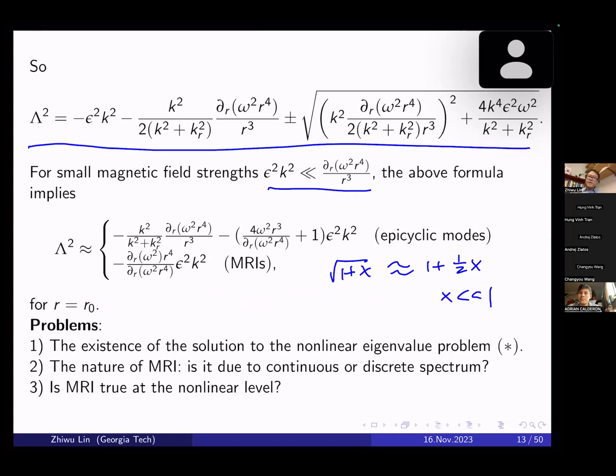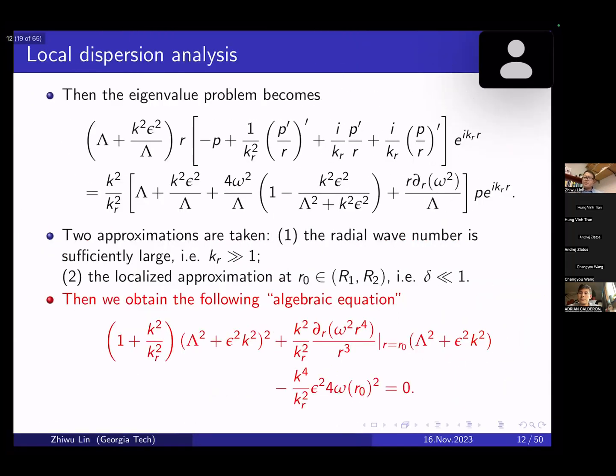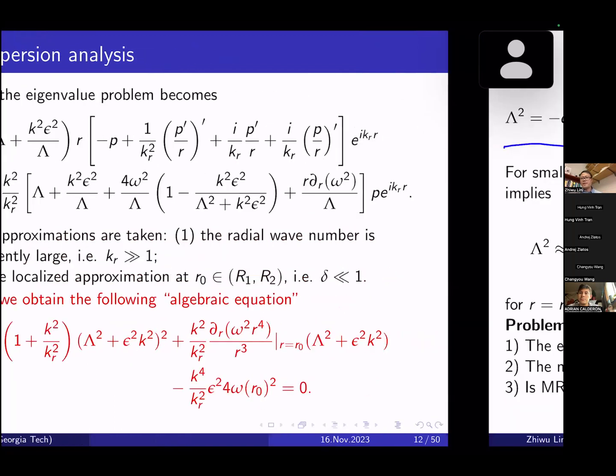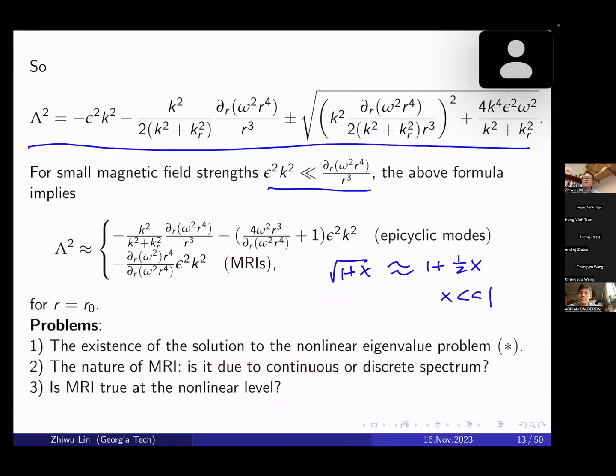But there are two natural questions. Because we take such a highly oscillatory and highly localized perturbation to get an approximate eigenvalue, it's a pretty natural question to ask: is this instability due to continuous spectrum or discrete spectrum, right?